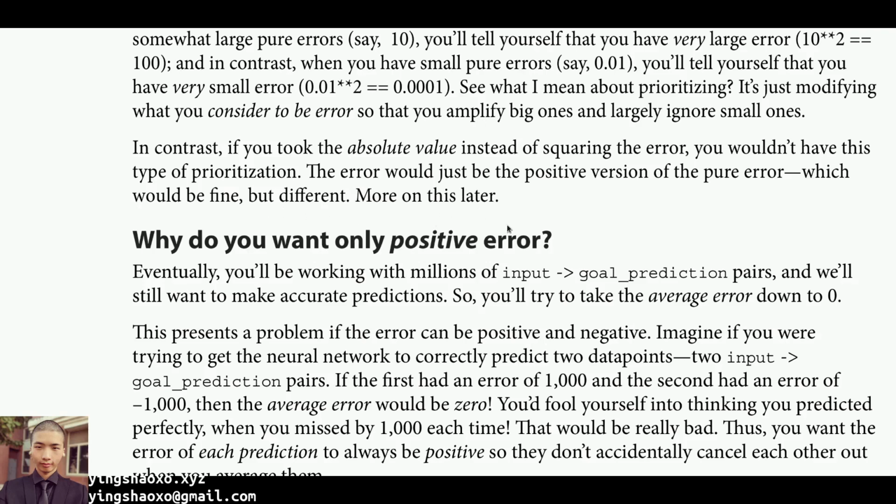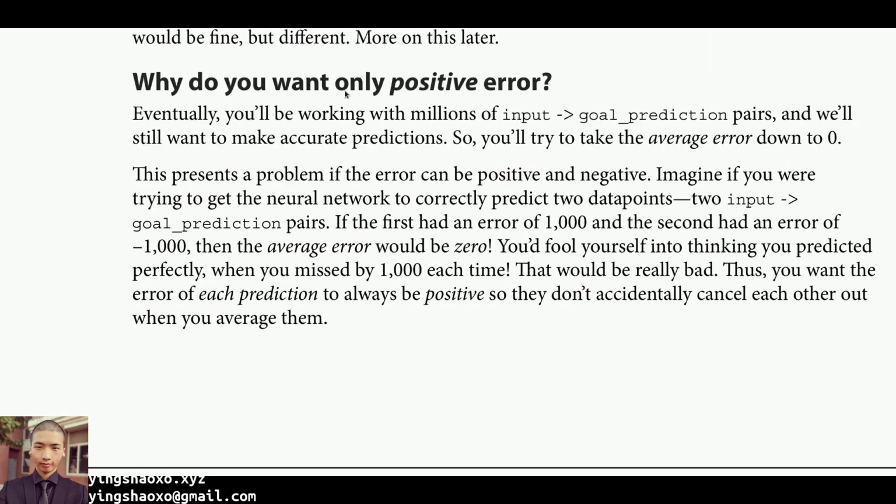More on this later. So why do you want only positive error? Well, eventually you'll be working with millions of input to goal prediction pairs, and you'll still want to make accurate predictions, so you'll try to take the average error down to 0. This presents a problem if the error can be positive and negative. Imagine if you were trying to get the neural network to correctly predict 2 data points, 2 input goal prediction pairs.